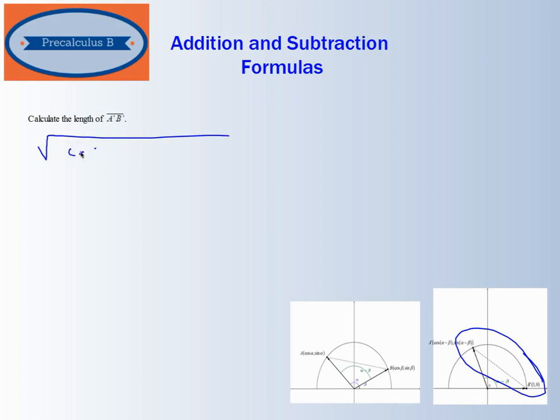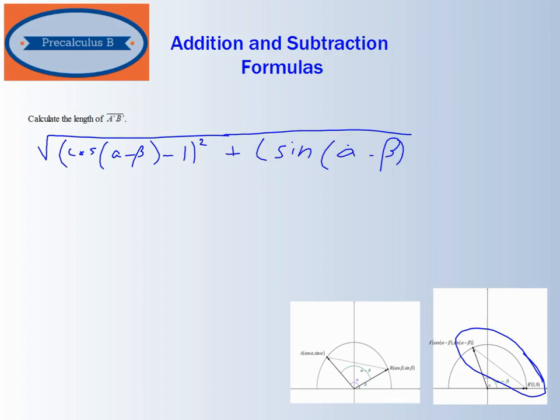We have cosine of alpha minus beta minus 1 squared. Fortunately, because we have the 0, 1 point, it actually is much, much cleaner. We have a lot less in here, plus the sine of alpha minus beta minus 0 squared.